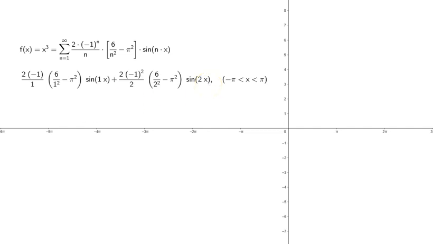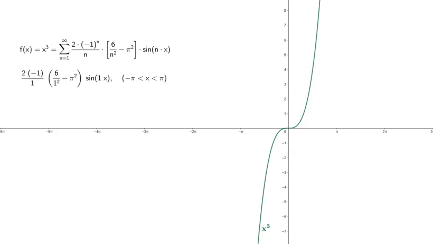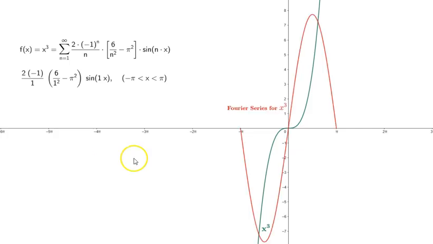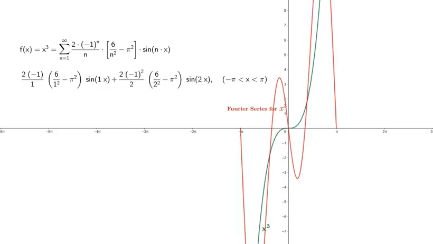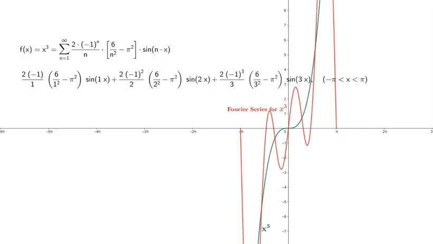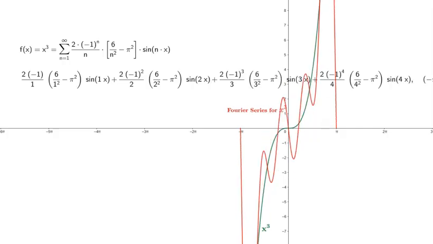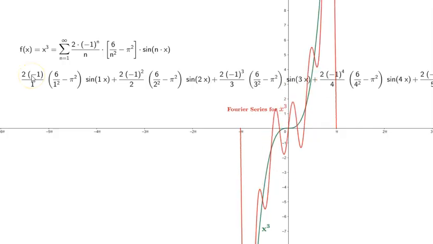Now, if we plot these graphs, what do we get? We get x cube looks like this. And when we plot this with only one term, we get this. It doesn't look anything like x cube. But let's increase the number of terms. 2, 3, 4, 5, 6, 7, 8.